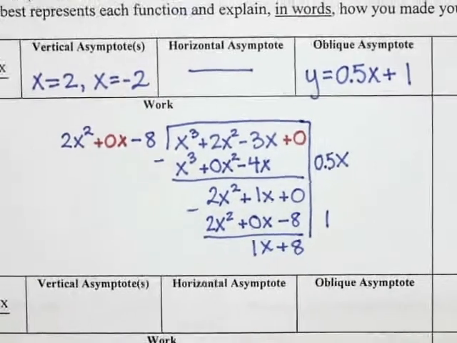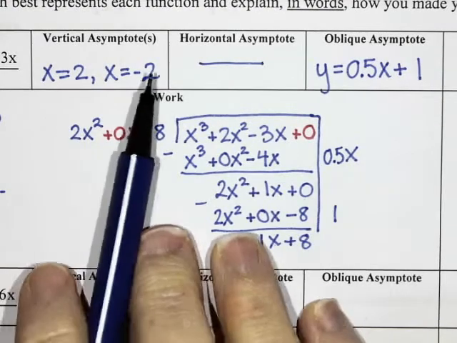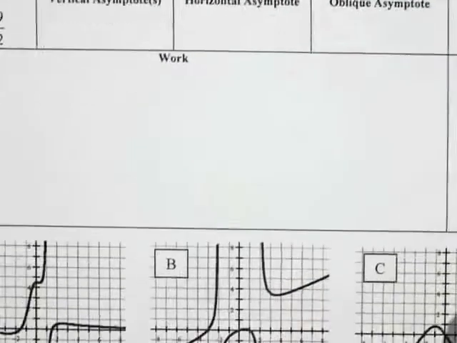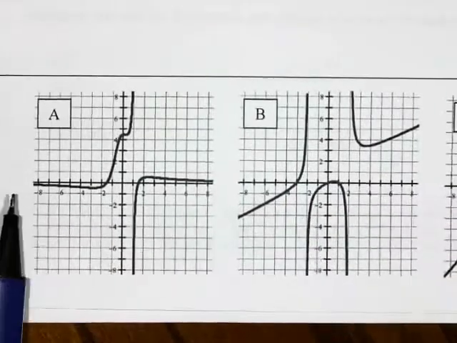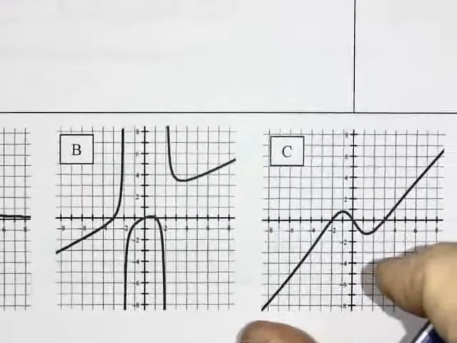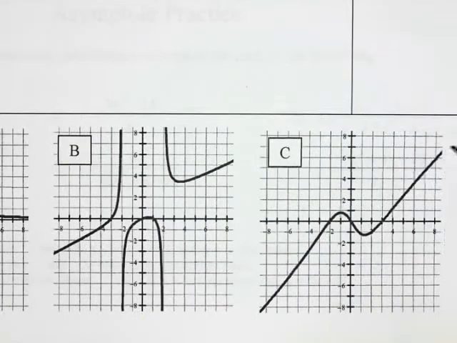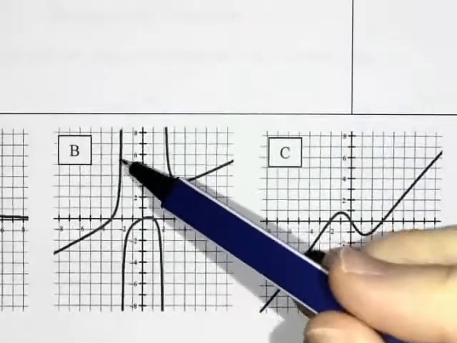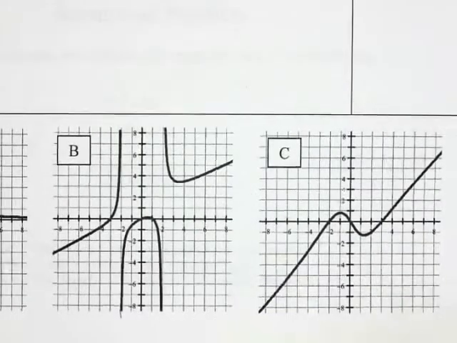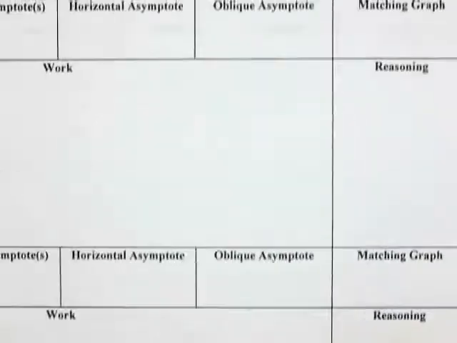Okay, is there a graph down at the bottom that matches that it has a vertical asymptote at 2 and -2 and an oblique asymptote? Well, this one has a horizontal asymptote, so it's not this one. This one has an oblique asymptote, but so does this one. But this one also has the vertical asymptotes at -2 and +2. So I think this one is B. So I'm going to cross it off so that I know that I've used it.